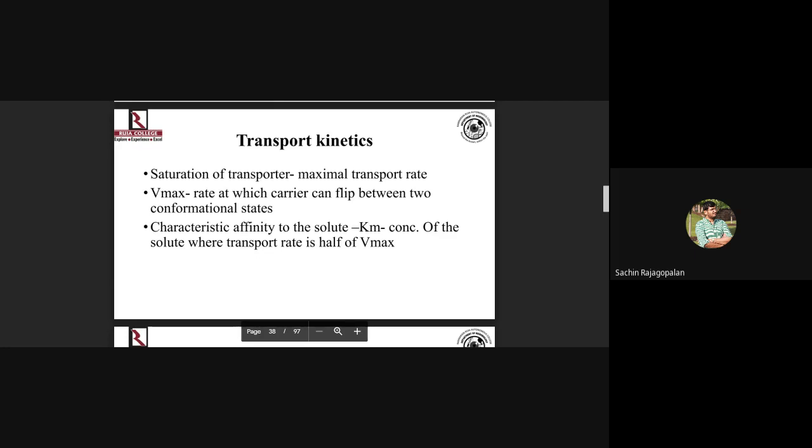Now, the rate at which this transport is going to take place is going to be slow. Correct. Why? Because I have 100 molecules outside, 0 molecules inside. There is a good concentration gradient. Obviously, this transport is going to be in favor of the concentration gradient, but the transporters involved are only 3. So I'm able to transport only 3 molecules at a time.